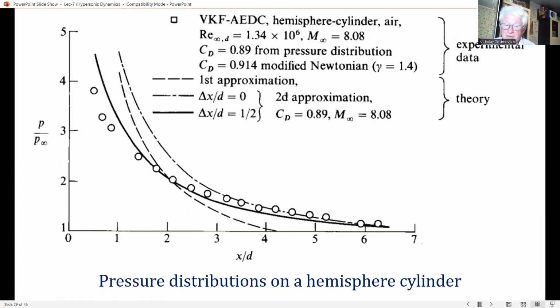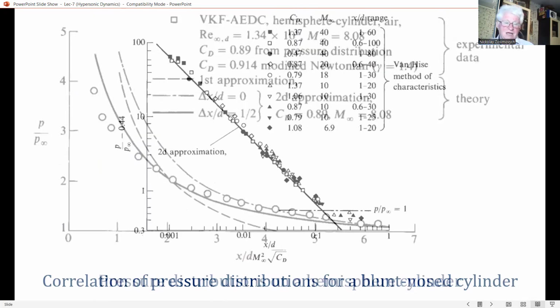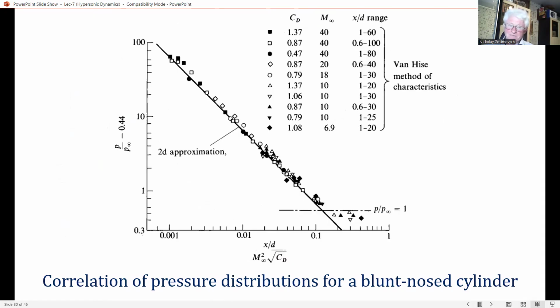The first and second approximation blast wave results are obtained from both coefficients, and you can note that the best agreement with wind tunnel data at Mach equals 8.08 is obtained with the second approximation, with the origin shifted upstream of the nose by delta x, as you remember, one half D. Other data for higher M infinity plotted here in blue, and you can see a very nice approximation with experiment.